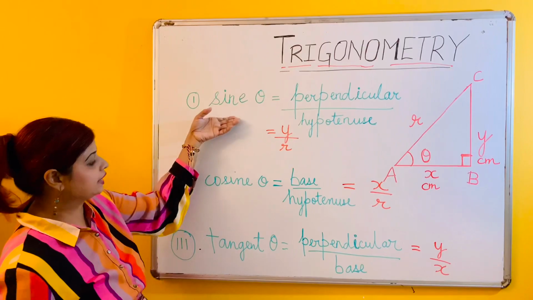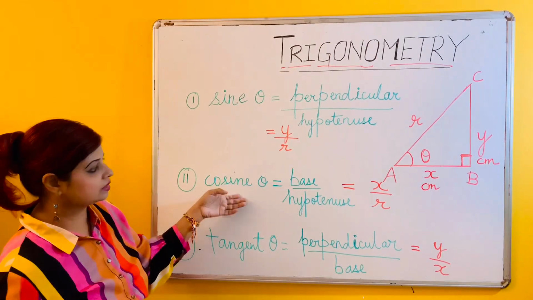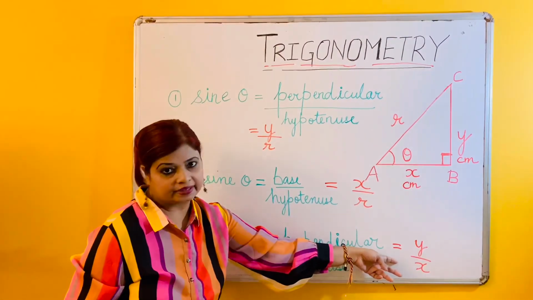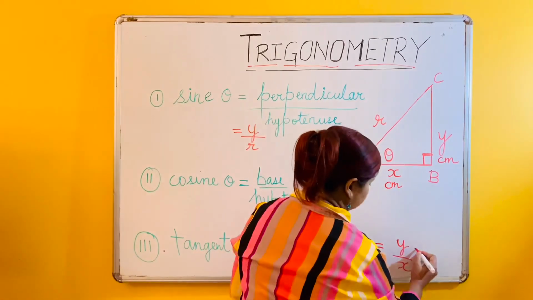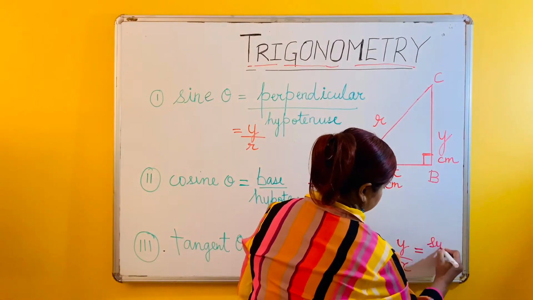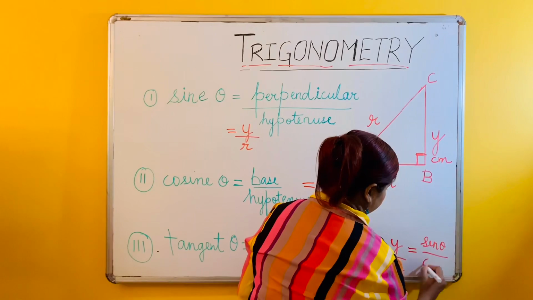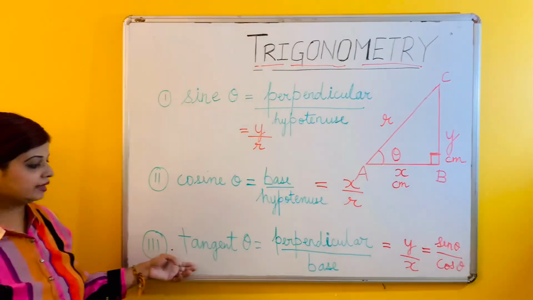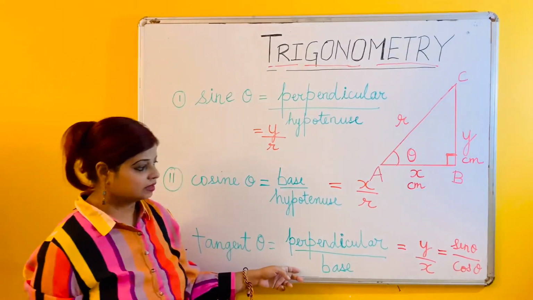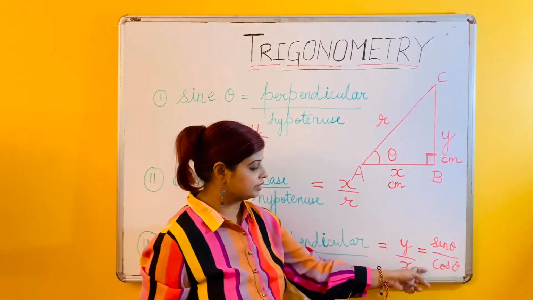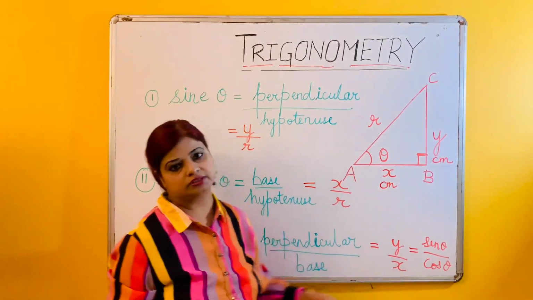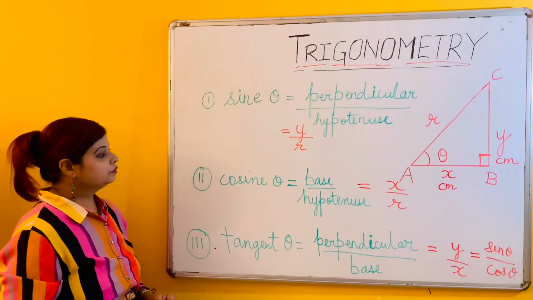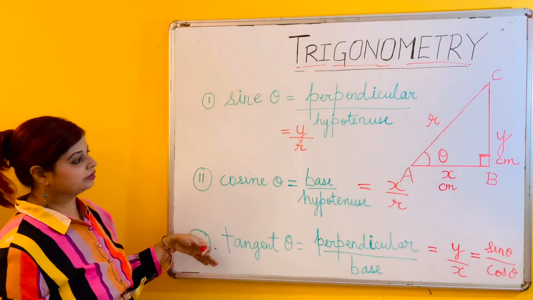When we take the ratio of sine and cosine theta, you will get y by x. So tan theta is perpendicular by base and can also be written as sine theta by cos theta. These are the three main ratios.